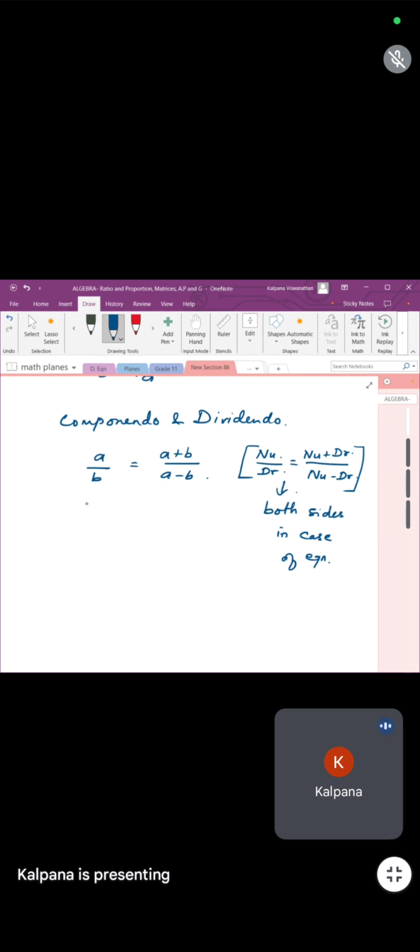So first question under this: if 7m plus 2n divided by 7m minus 2n is equal to 5 by 3, use properties to find m is to n.